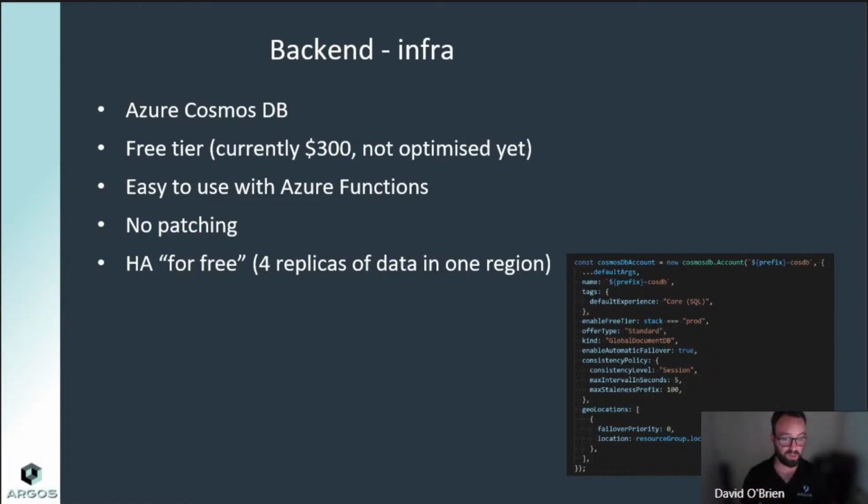And it still supports SQL APIs when communicating with it, which means that our developers who have a SQL background, a lot of .NET developers have used SQL databases in the past, find it super easy to work with Cosmos DB. We don't have to think about patching and infrastructure, and we get high availability in our region for free, just like storage.